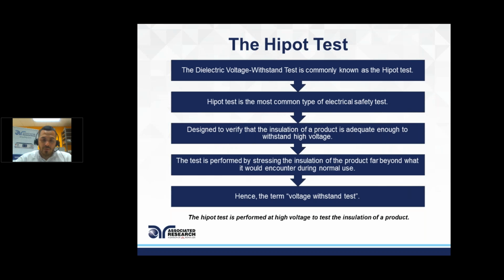So if this test can overcome thousands of volts without the insulation breaking down, then we have peace of mind that our product will be safe for our end user when they plug this into, you know, steady state 120 volts, 240 volts, what have you. The takeaway from this slide is the Hipot test is performed at high voltage to test the insulation of a product.